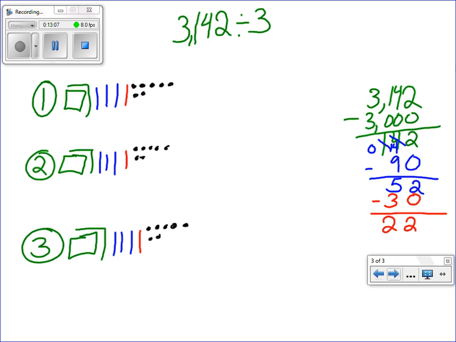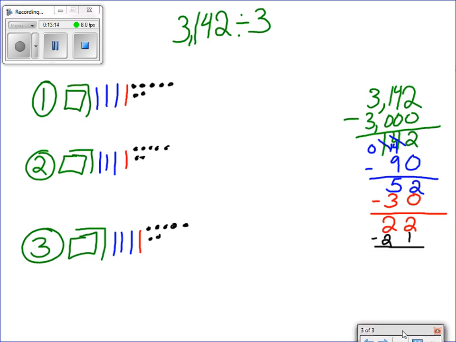I just gave out 21 ones, so I'm going to subtract that from 22. Let me move my little box here. And I'm left with 1. I cannot share 1 with 3 groups. So that's, again, my remainder.